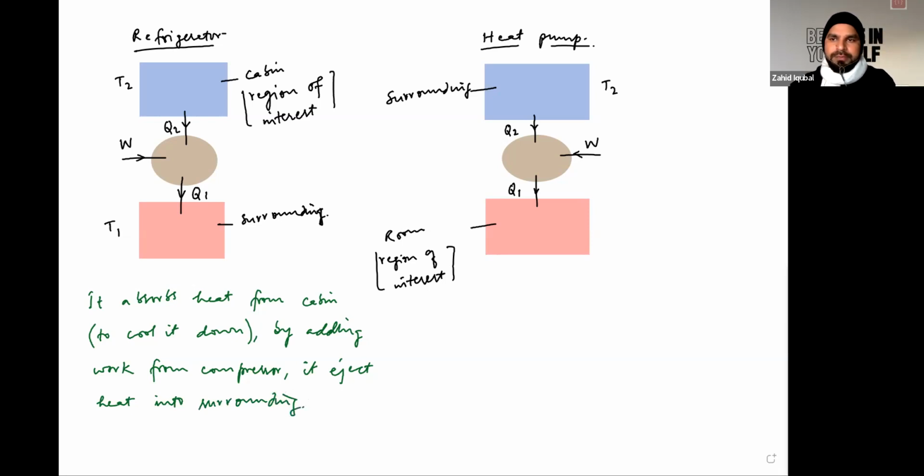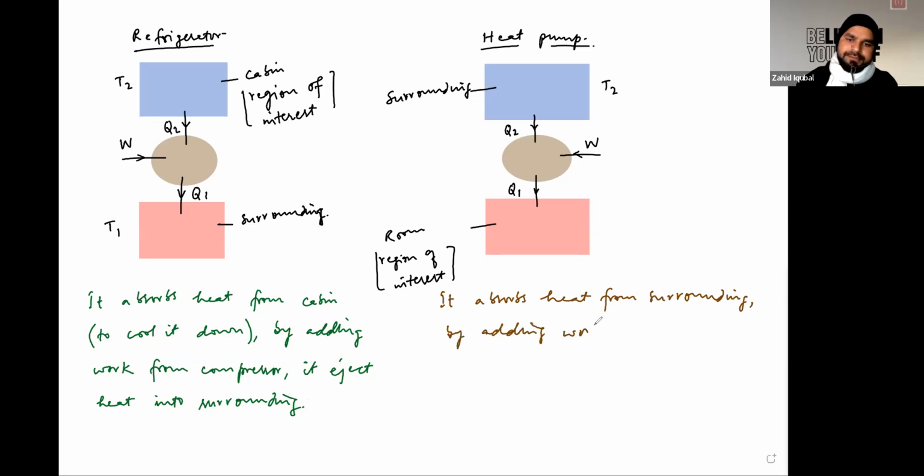But in case of heat pump, it absorbs heat from surrounding by adding work from compressor.